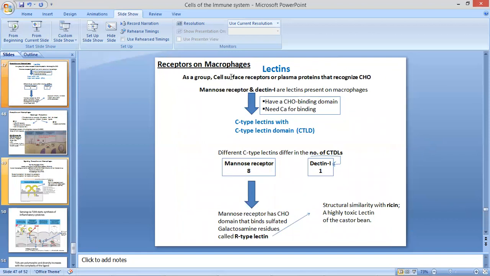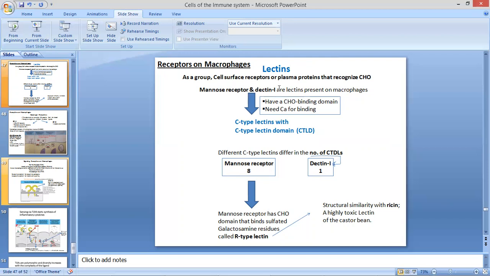The receptors on macrophages for the recognition of different carbohydrate moieties are known as lectins. Usually the receptors for recognition of carbohydrate moieties are present on the surface of cells, and these receptors are known as lectins. Lectins present on the surface of macrophages are called the mannose receptor and dectin-1, these two types of receptors.